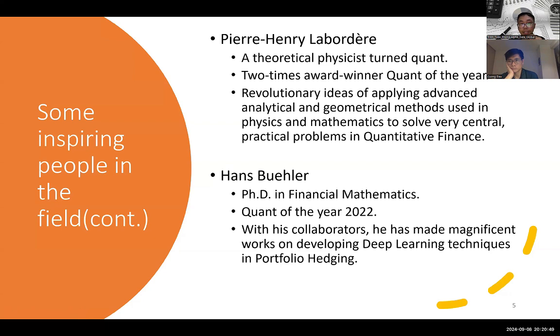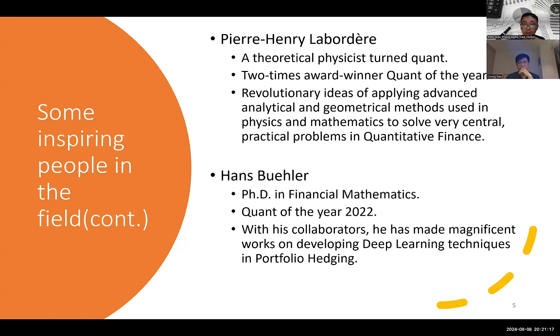He is a two-time Quant of the Year award winner. And the thing I would like to mention here is his revolutionary idea of applying, let me put it simply, very complicated mathematics that even a mathematician working in a very abstract field didn't use.